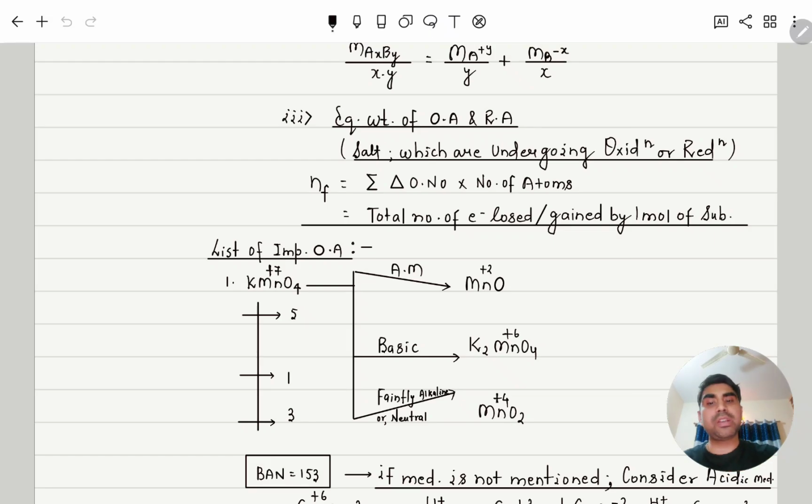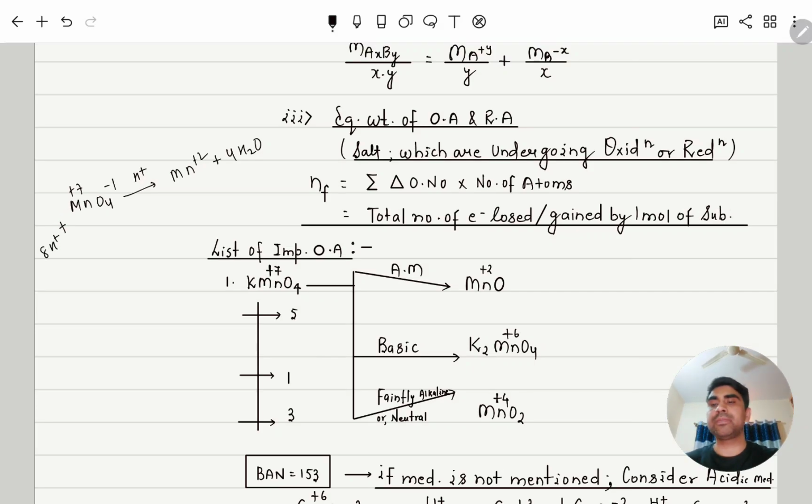For example, here in MnO4^-, manganese is +7. In acidic medium, with H+, it goes to Mn^2+. For balancing, manganese is already balanced, and oxygen, 4 oxygens, so for balancing I add 8 H+.